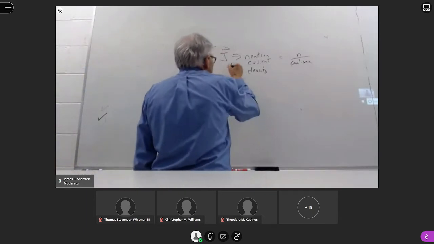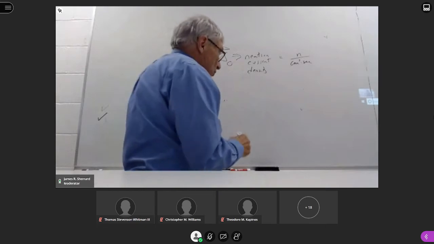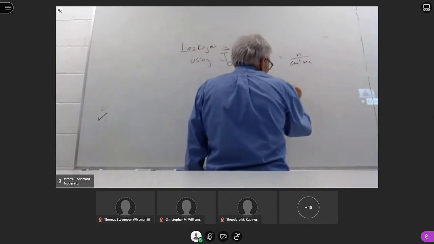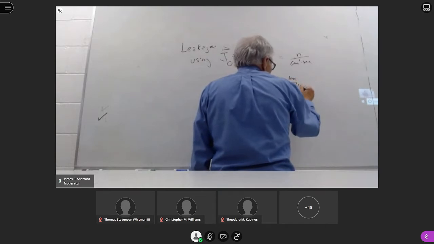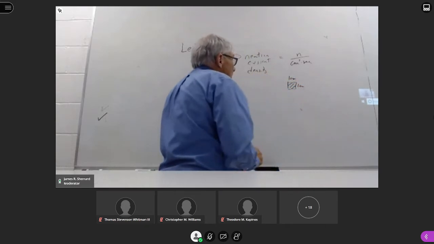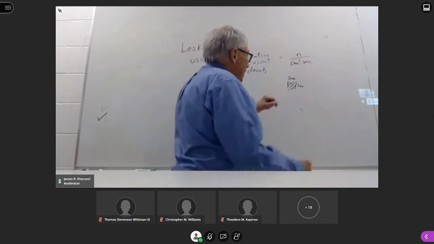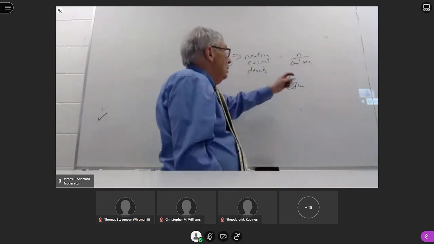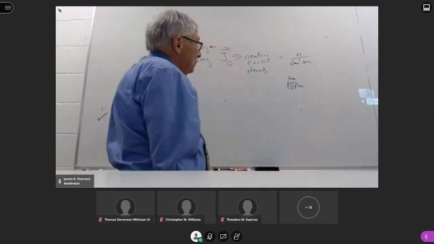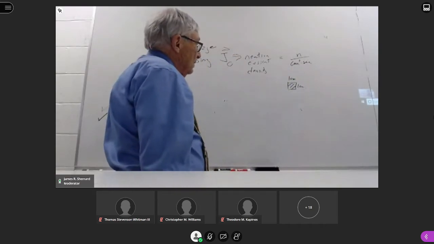And remember, this neutron current density has a subscript. And what it looks at is a small window that is 1 centimeter by 1 centimeter. And it looks at the number of neutrons that travel perpendicularly through this little window per second to come up with neutron current density.